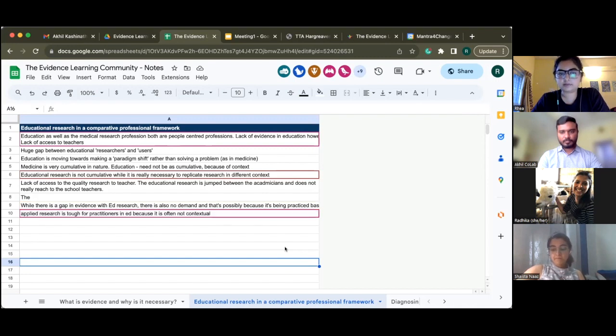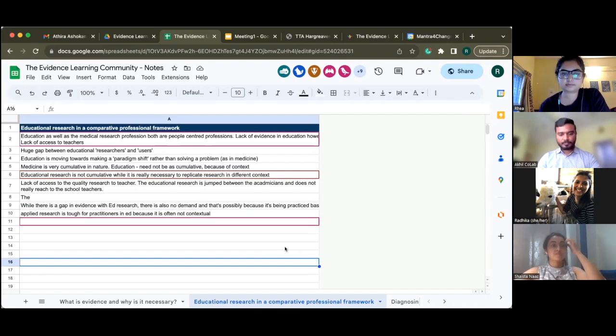But in education there's a gap between the researchers and the users, and that is limiting them from applying the research. Someone else pointed out that it's interesting how in medicine we speak about solving problems, but in education we speak about making a paradigm shift. So that was an interesting sentence.